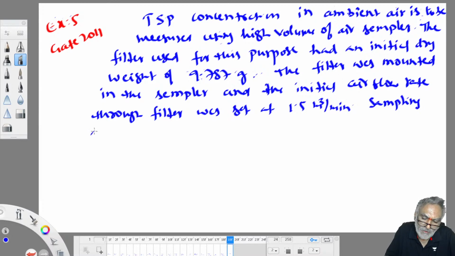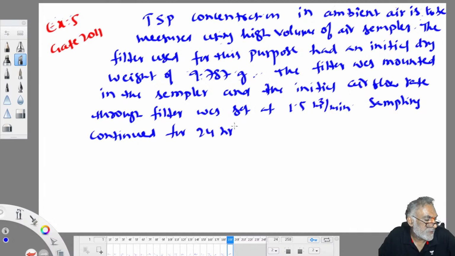Sampling continued for 24 hours. That means for 24 hours, air is passed through the filter paper. That's what it means.